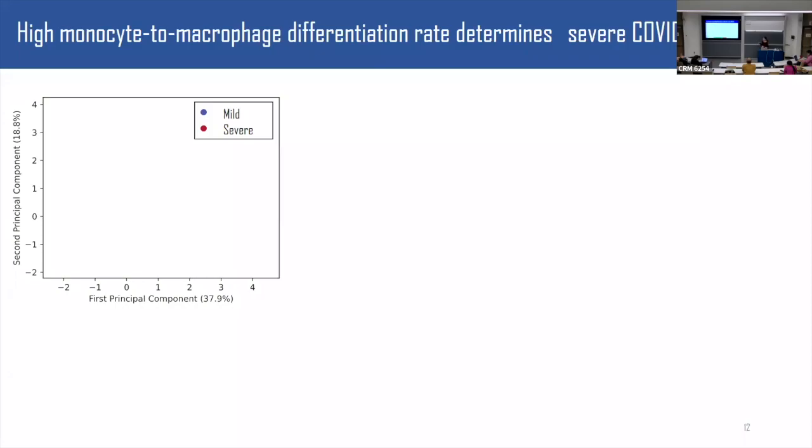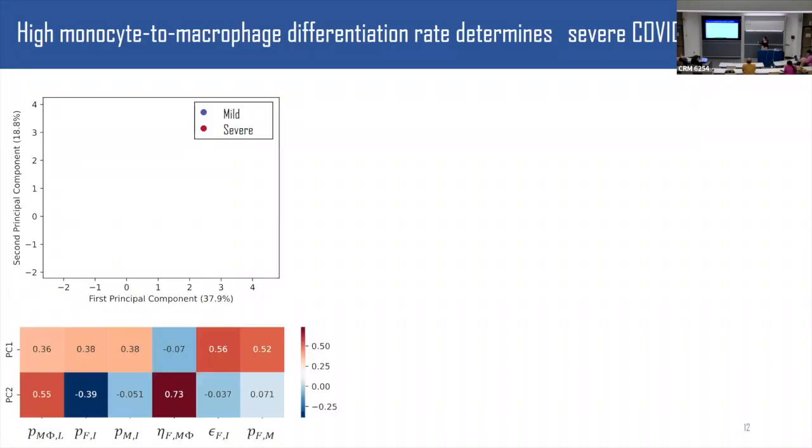PCA can tell us some correlation, but it can't tell us which parameter determines severe COVID-19. So we then did another test, the Kolmogorov-Smirnov test, to check the statistical difference in the distribution of their input parameters.